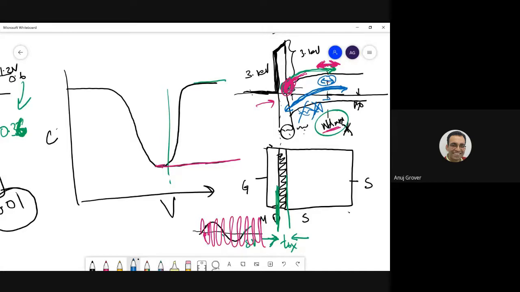This arrow can only be here. So any change in electron density or any change in these carriers would happen only at the edge of the depletion layer. Okay, sir. The electron here is not able to go out at all. When it tries to go out, it is pulled back again before it even moves a little bit out. So all electron change, all charge change happens at the edge of the depletion boundary.